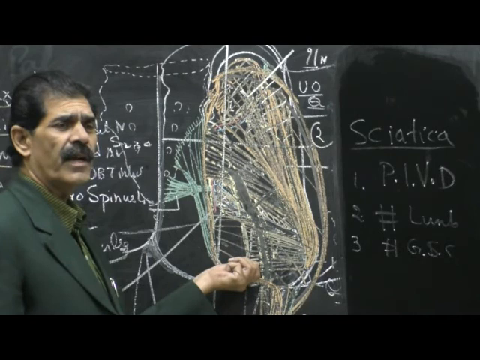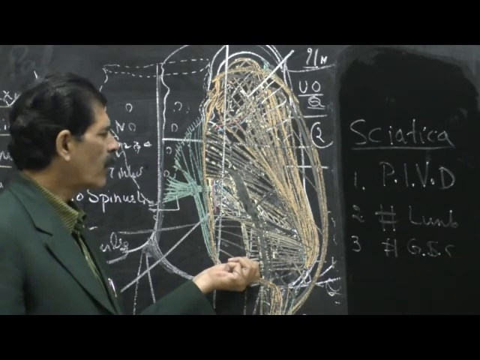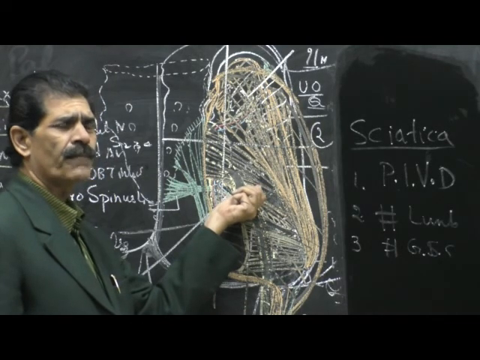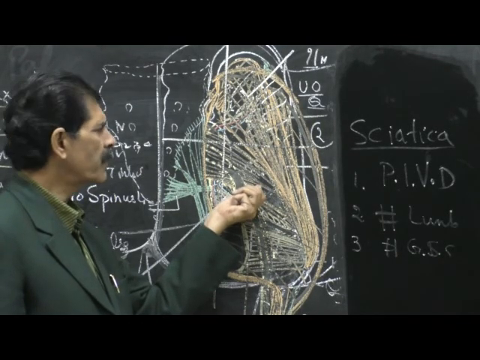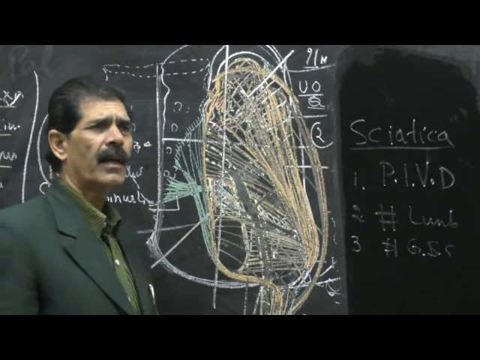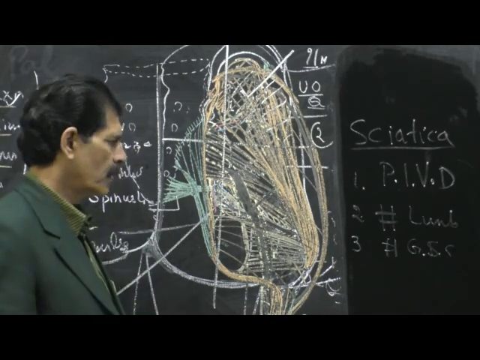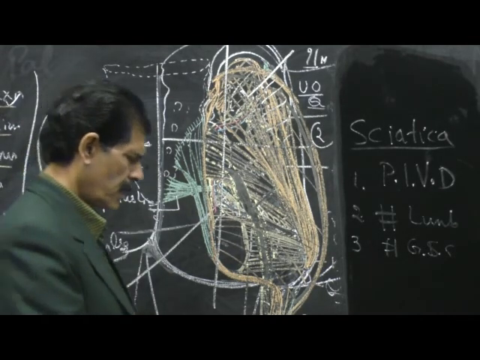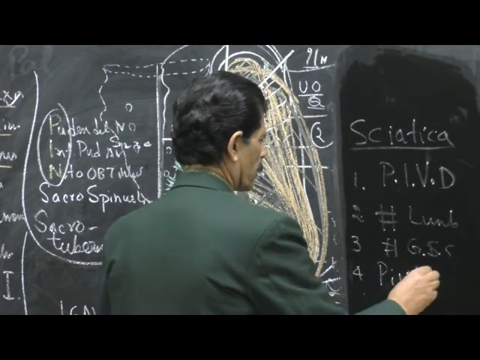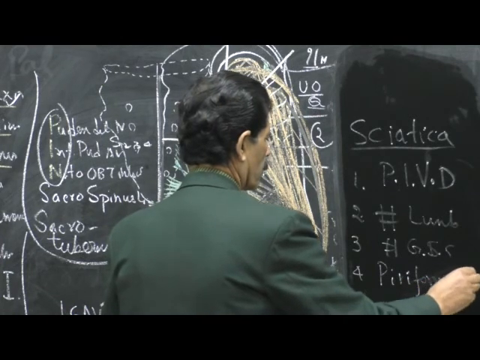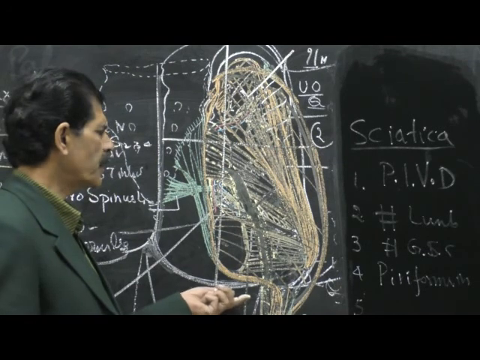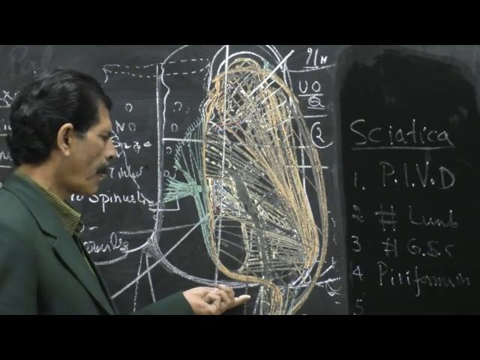This is called a variation of the sciatic nerve, and piriformis muscle contraction may press this nerve, leading to permanent pain around the sciatic nerve. So for any of these reasons the patient may come with the complaint of sciatica.